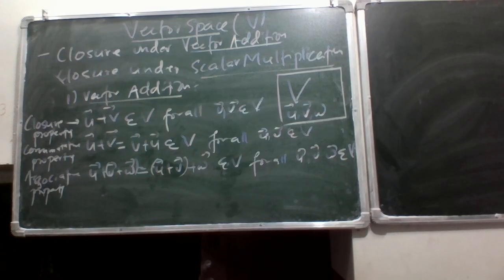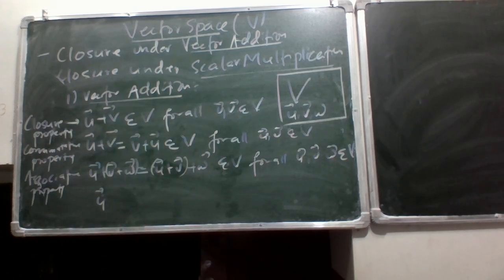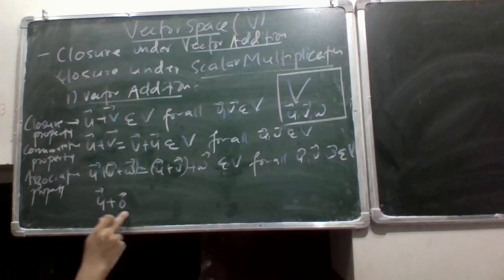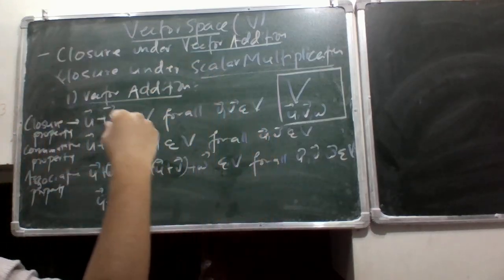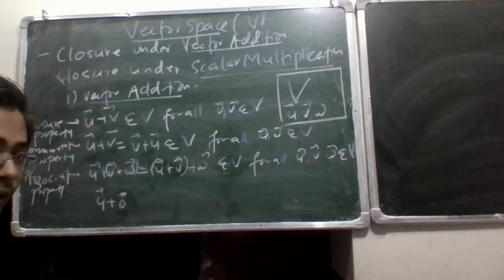The fourth property is identity property. Let's suppose we just have u and we add it with a zero vector. Just imagine that O vector is actually a zero vector, okay?